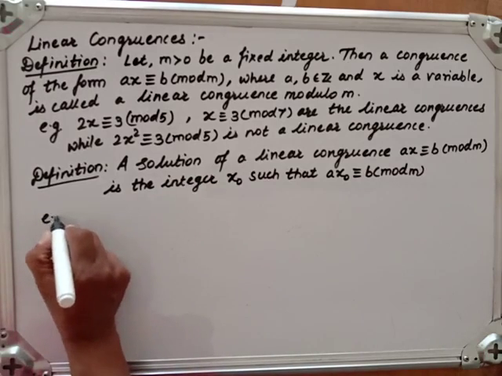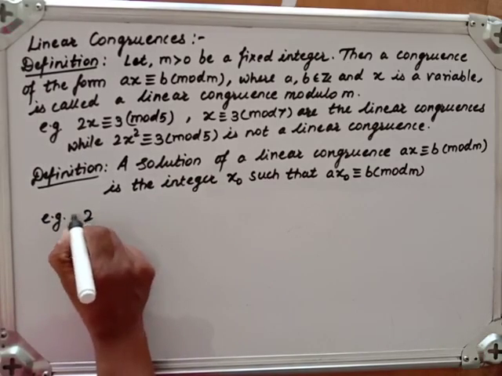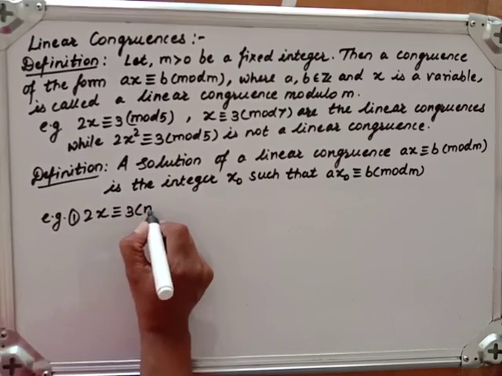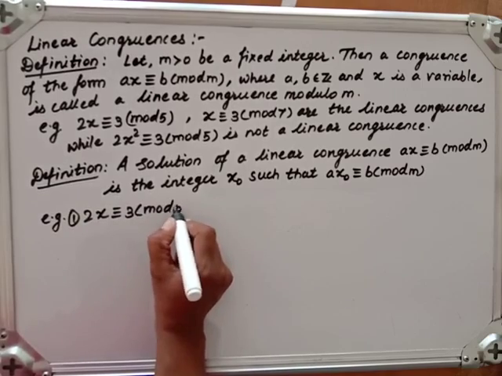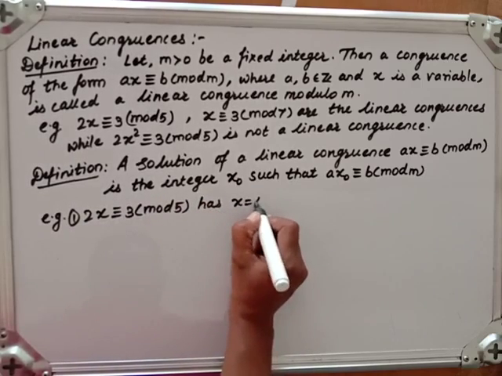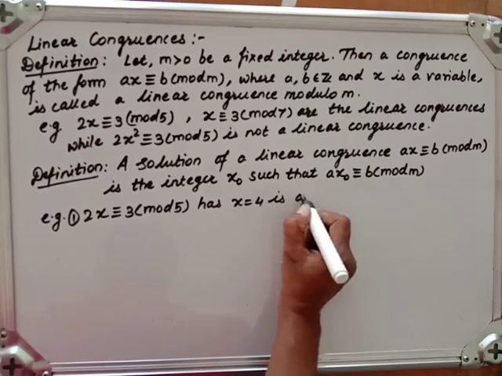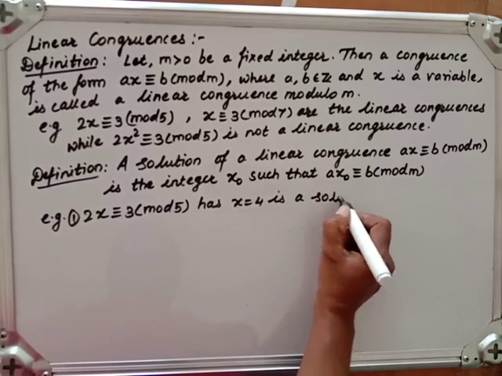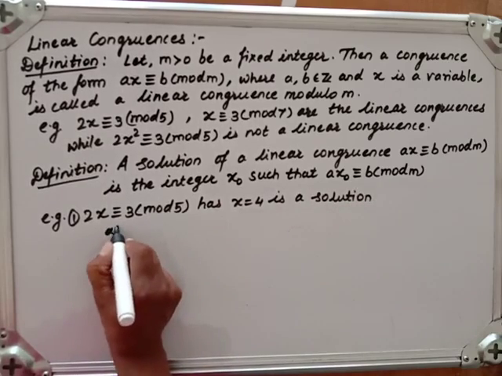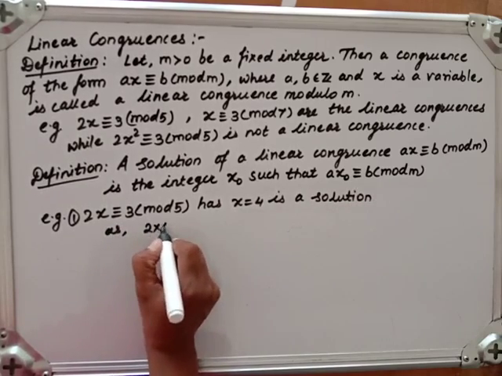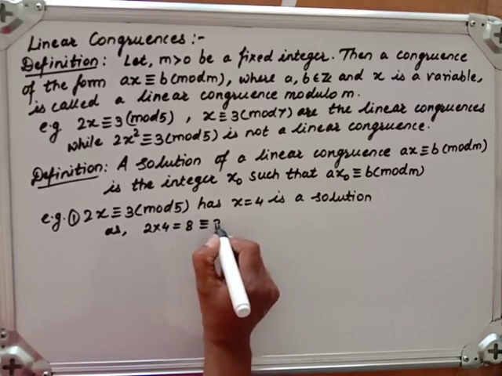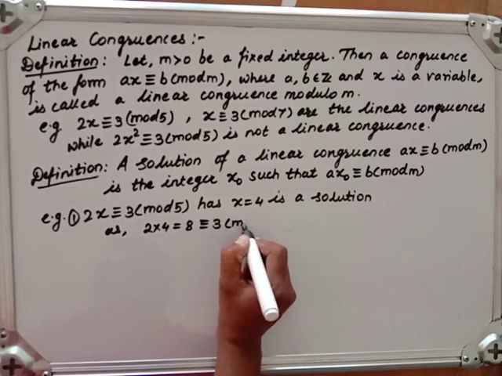For example, first one, 2x congruent to 3 modulo 5 has x equal to 4 as a solution, as 2 into 4 is equal to 8, and 8 is congruent to 3 modulo 5.